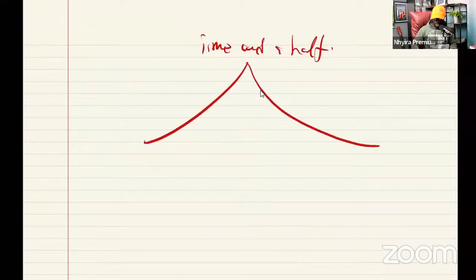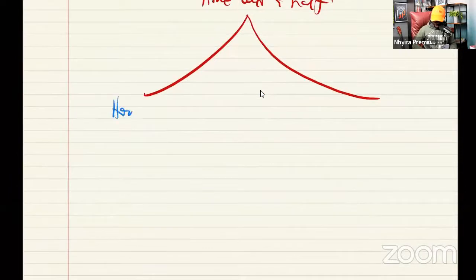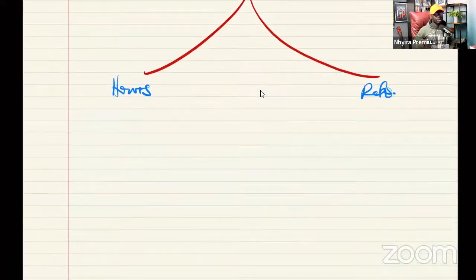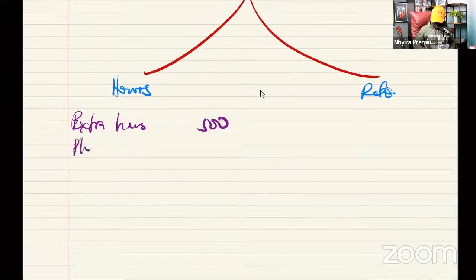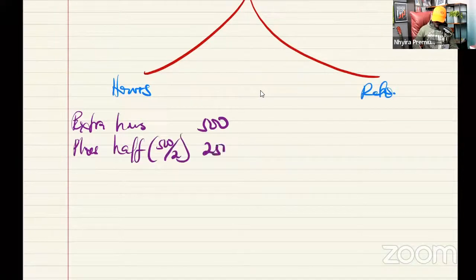So you can do the calculation based on the hours, or you can do the calculation based on the rate. Let me explain that to you. If you are using the hours, time and a half will mean the extra hours that we require, which is 500, plus half of the extra hours, because it says time and a half, which is 250.